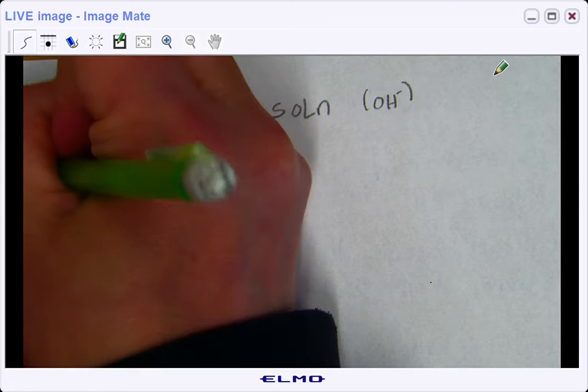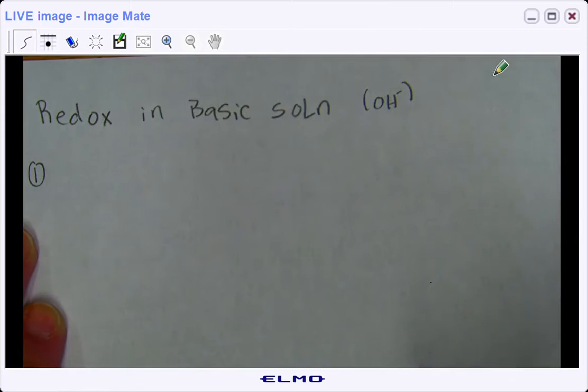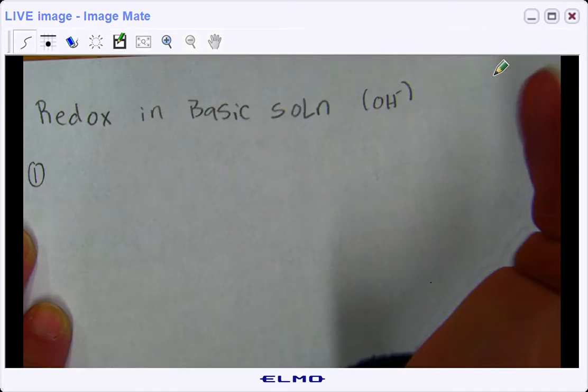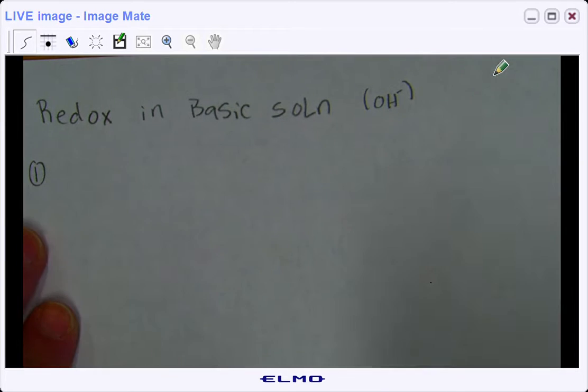So our first step is we are going to balance the same way as an acid redox. So we start balancing the reaction as if it is in an acid.